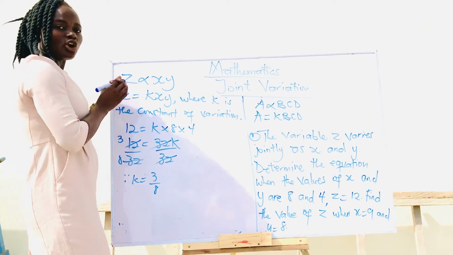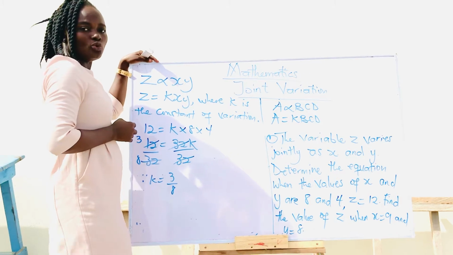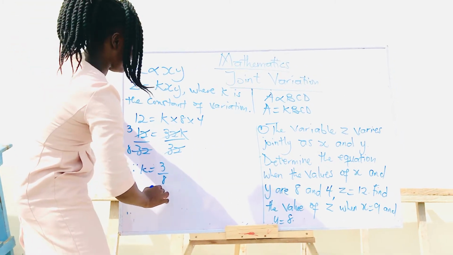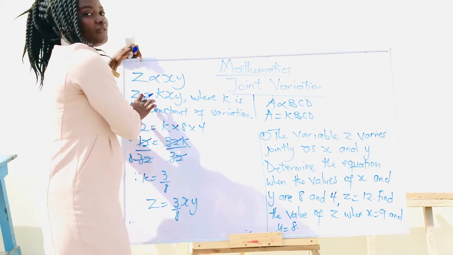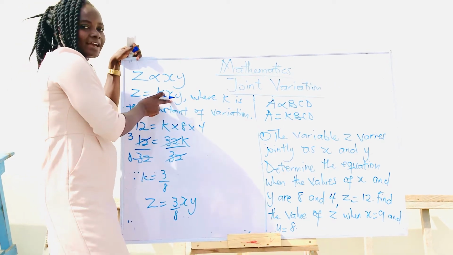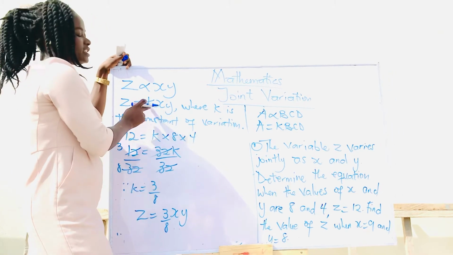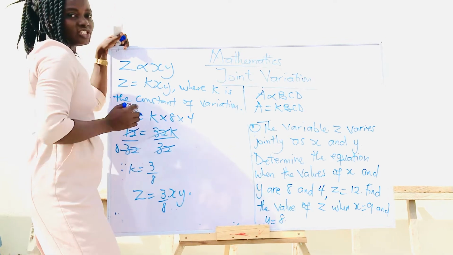After getting your K, now use it to form your new equation. The first equation was Z equals KXY. And since K is known, we substitute it into the equation to get our new equation.